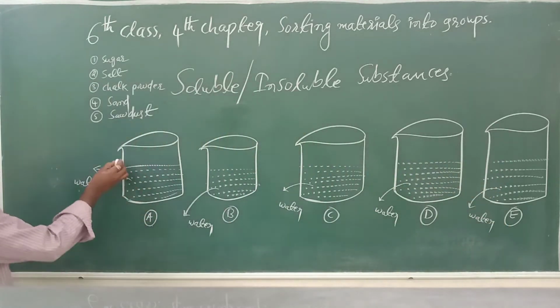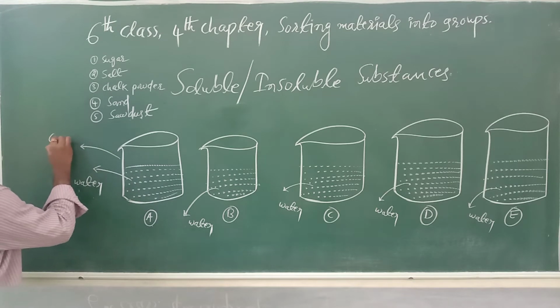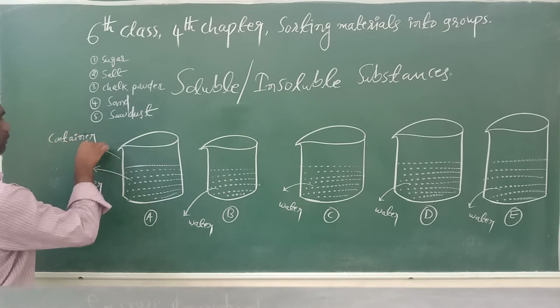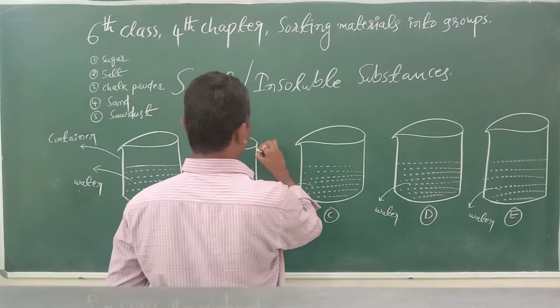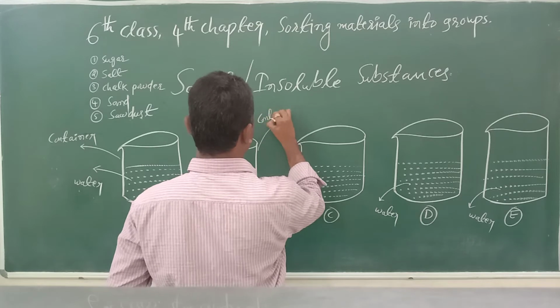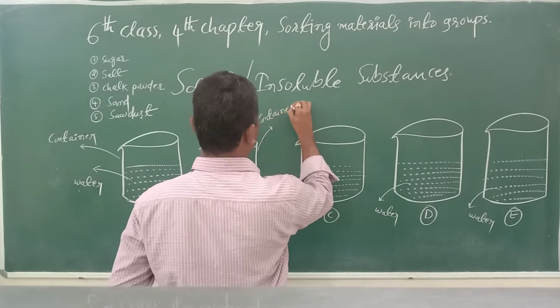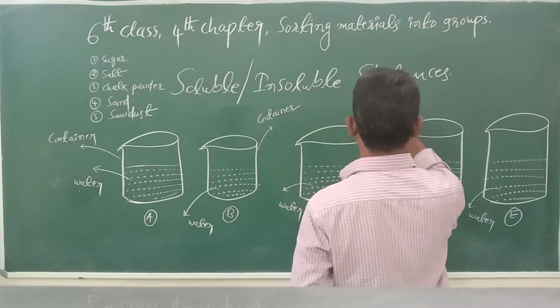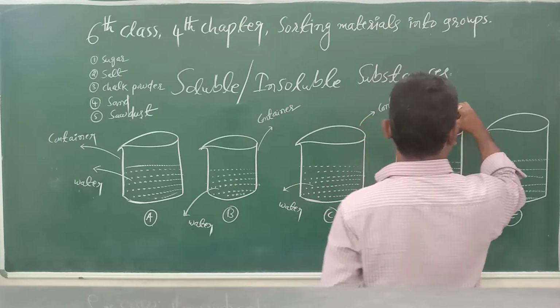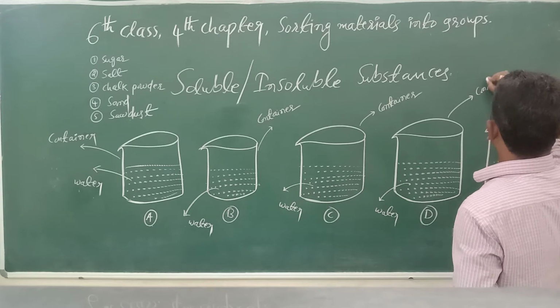So let us take, these are containers. We can write here container. This is also a container. Next, container. This is a container.